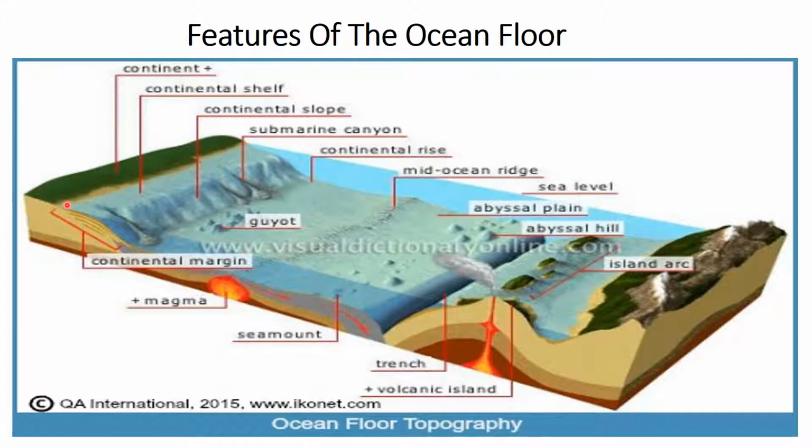This portion over here is known as the continental margin because it still forms part of the continent. It is an extension of the continent towards the sea. This continental margin is divided into 3 parts.